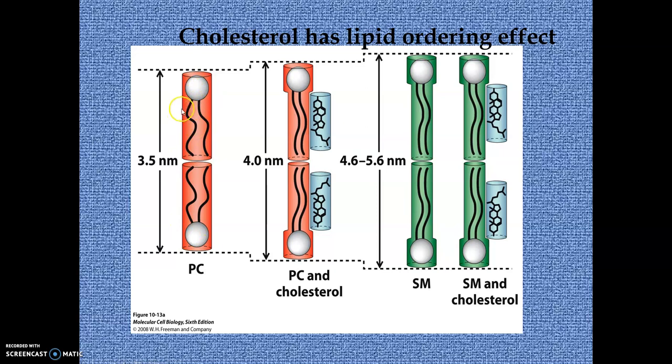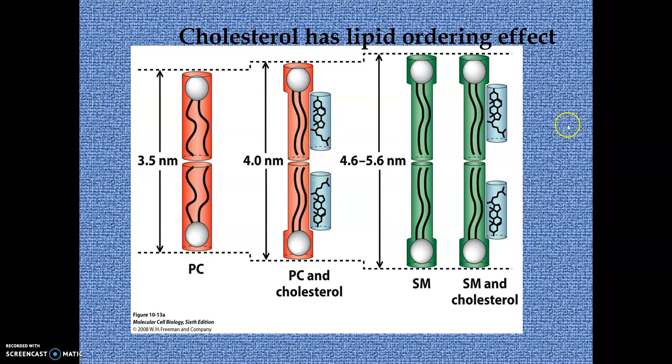So this phospholipid has this type of tail arrangement, while a cholesterol molecule comes and attaches to this tail molecule. Then see how this orientation changes. It becomes closely packed and closely aligned. So it becomes more aligned in the presence of cholesterol.